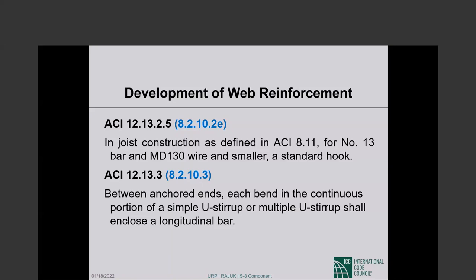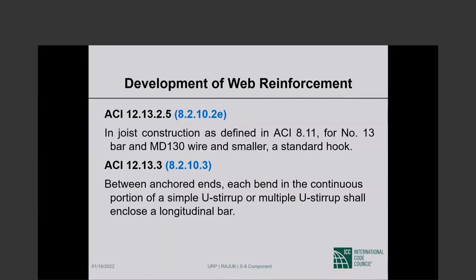Now we are saying that when it makes these bends, around the bottom bar and then again around the bottom bar, there need to be bars at those locations. So you should not bend a stirrup and not have the bend supported by a longitudinal bar. So between anchored ends, each bend in the continuous portion of a simple U-stirrup or multiple U-stirrup shall enclose a longitudinal bar.